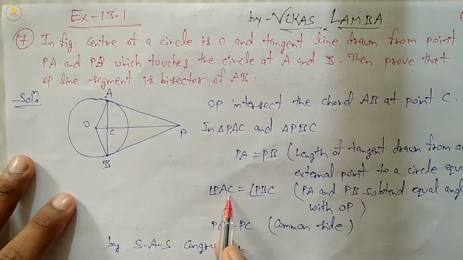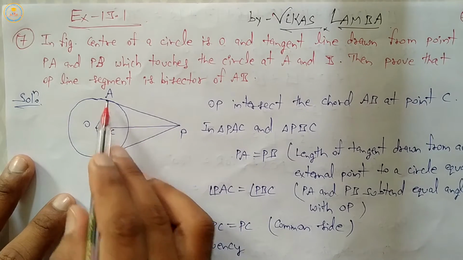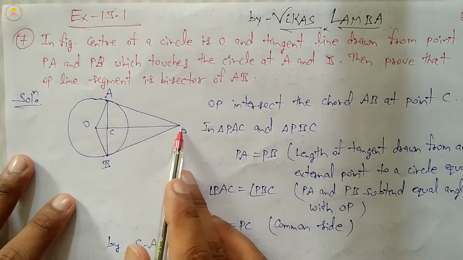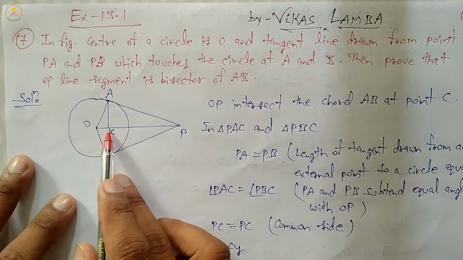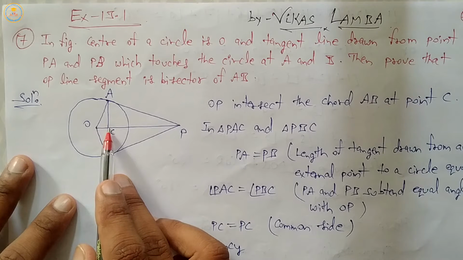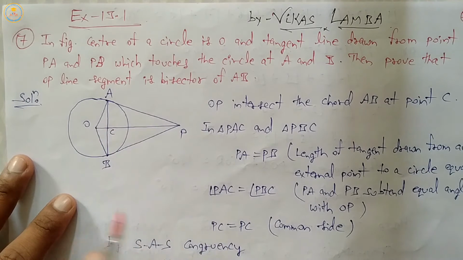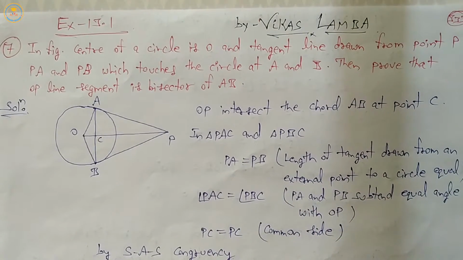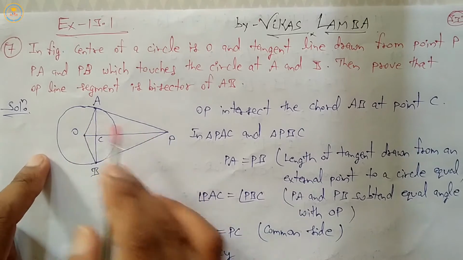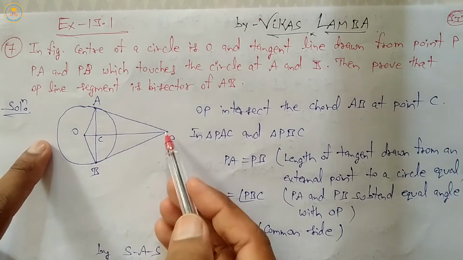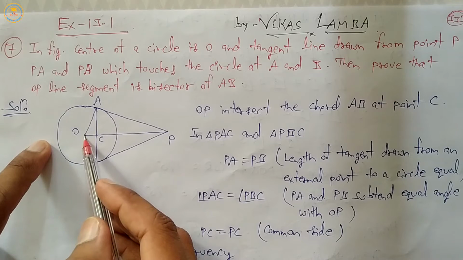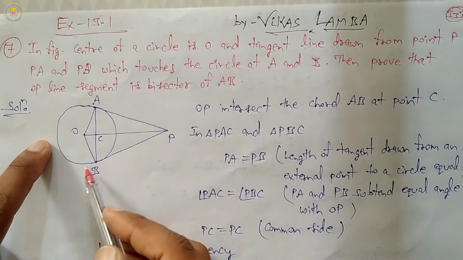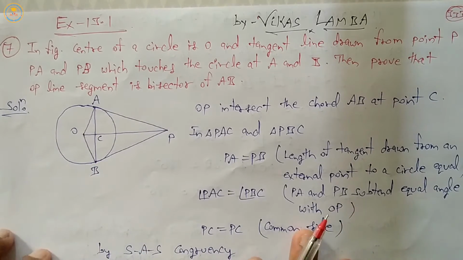And angle PAC equals angle PBC, because PA and PB make equal angles with OP. Tangents are perpendicular to the radius, so OA and OB being radii means the angles are equal.